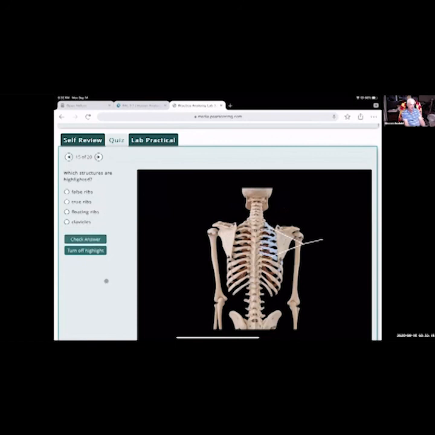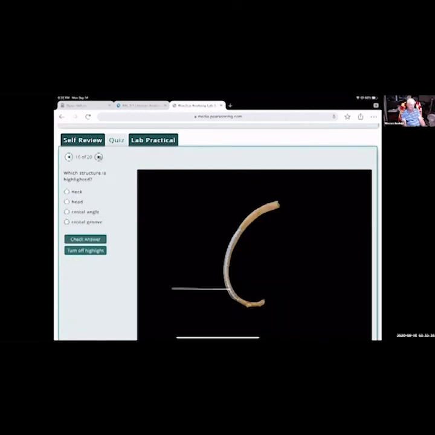And what structure is highlighted there? Ribs. True ribs. Those look like true ribs to me. Yep. Got it. Perfect. Now you know that and the occipital bone, right?